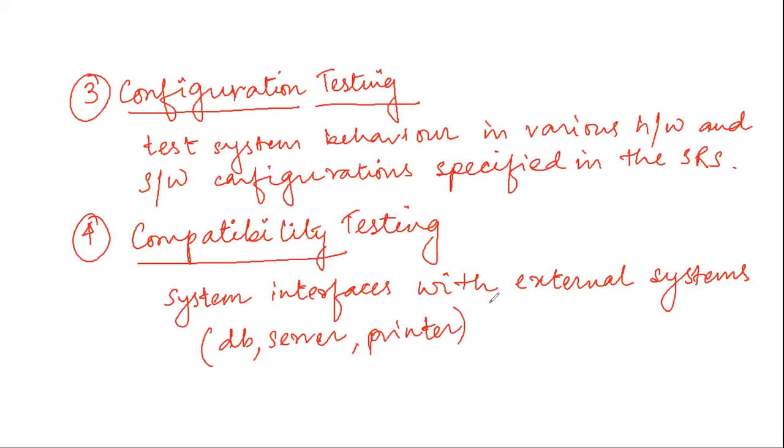Suppose the system needs to communicate with a large database in order to retrieve some information, then the compatibility testing will check whether it has the required speed and the required accuracy of the data retrieval. Suppose I want a printout to be taken from the printer.